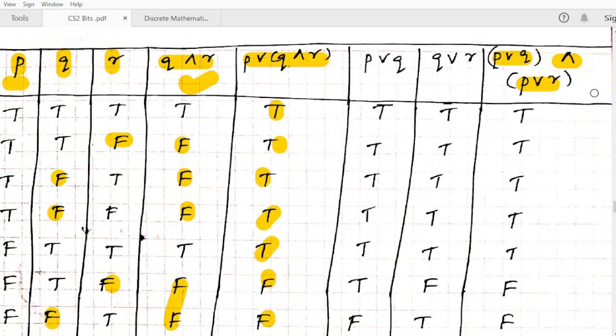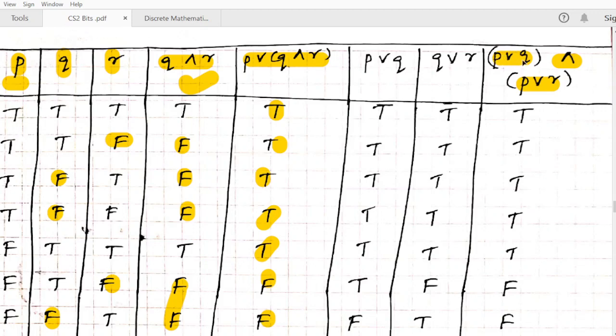Now we are going to find this particular value to prove that both of them are logically equivalent. So here we can see (P or Q) and (P or R). For that, first we'll be doing the operation in the brackets.